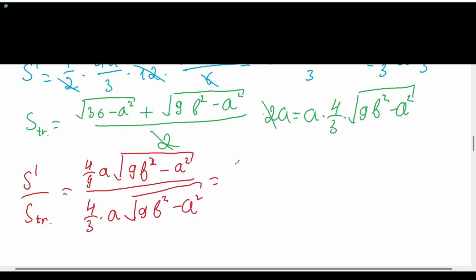Now we can cancel and get the answer, 1 over, not 2 but 3. Canceling all this stuff, we get this answer.